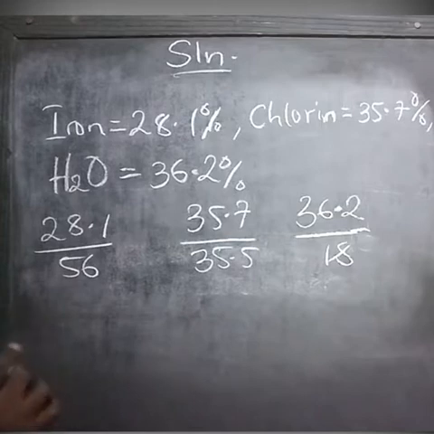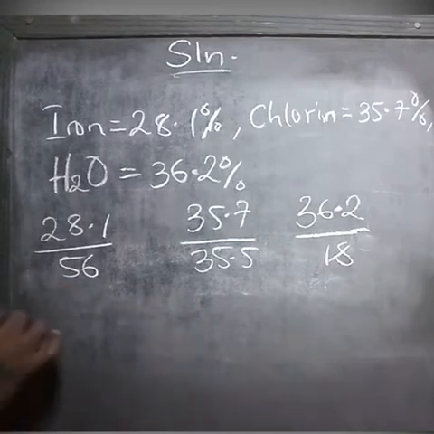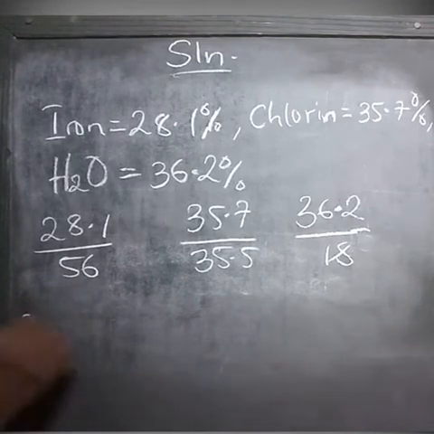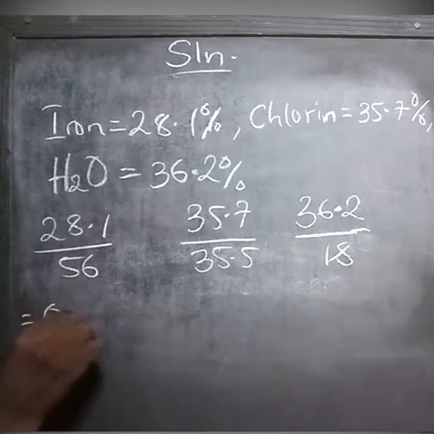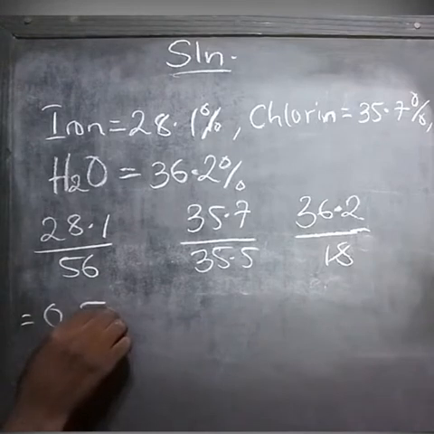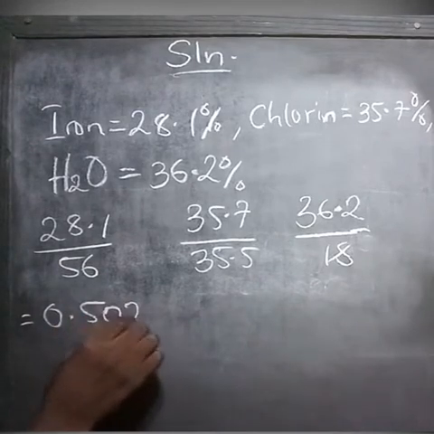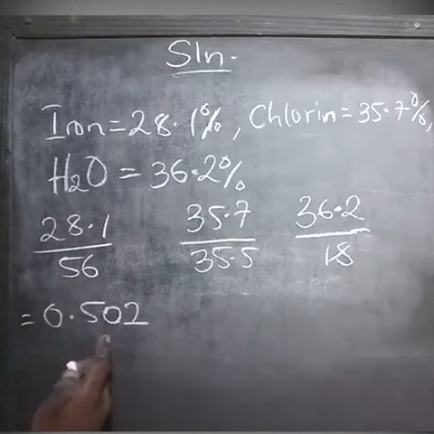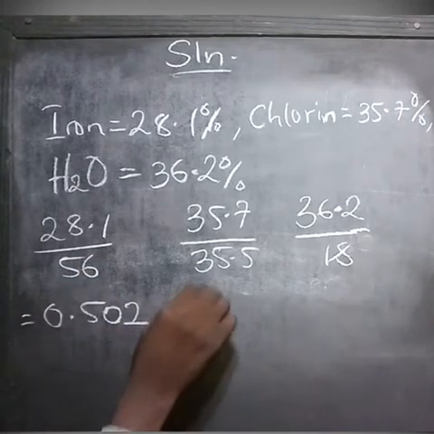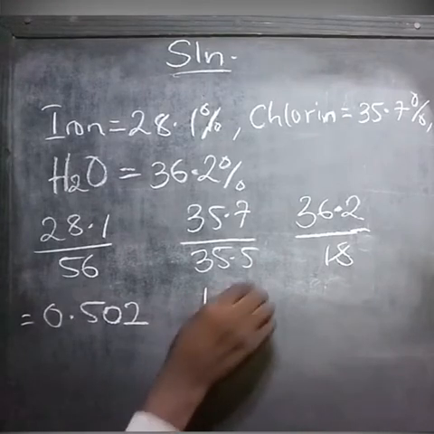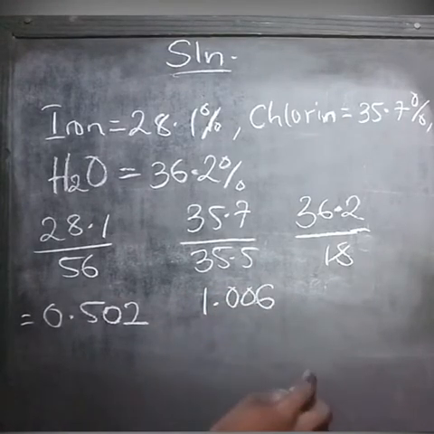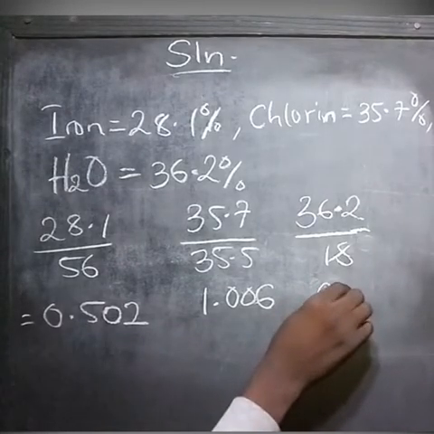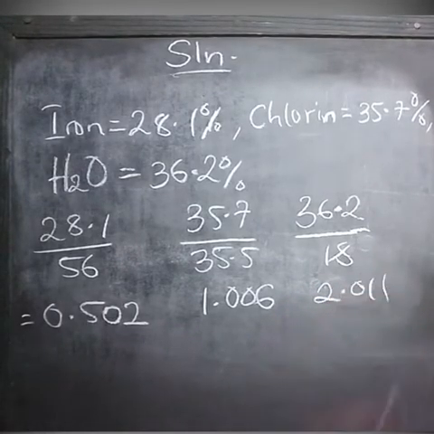When you divide them by their mass number, you will definitely have something of this nature: 0.502 here, then 1.006, while here you are going to have 2.011.